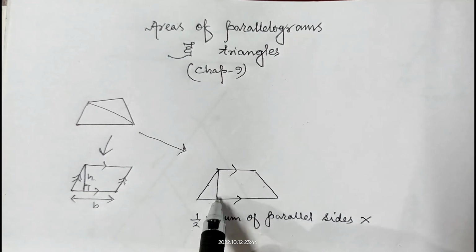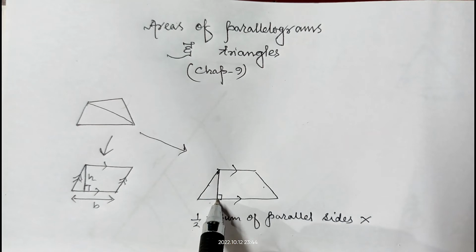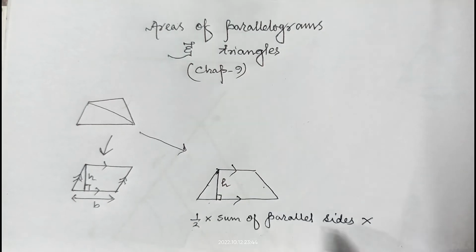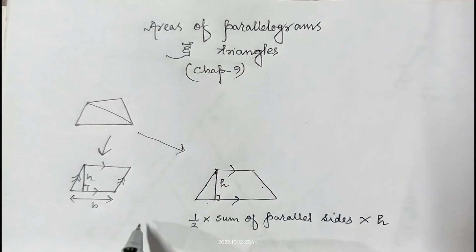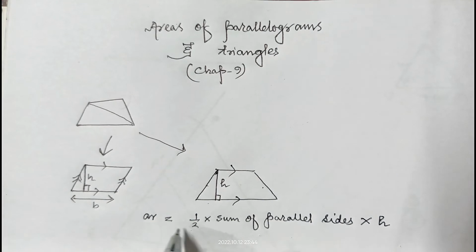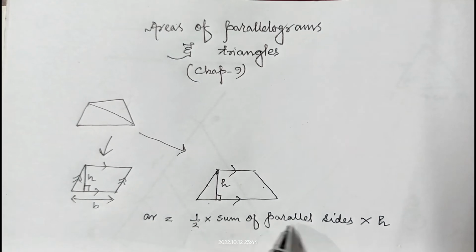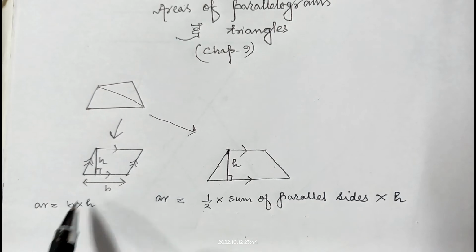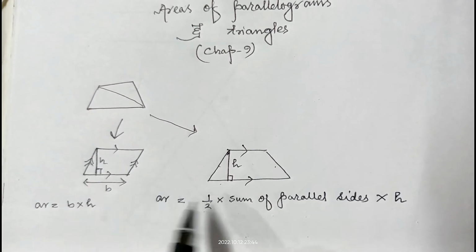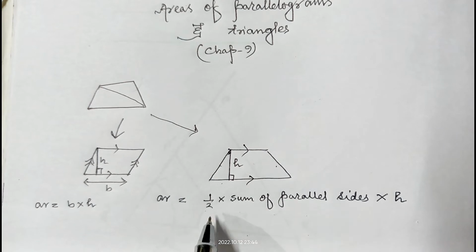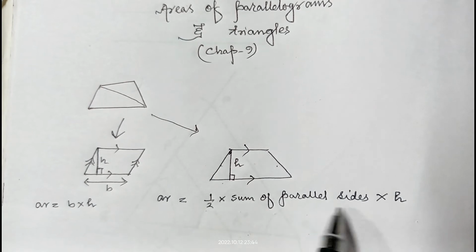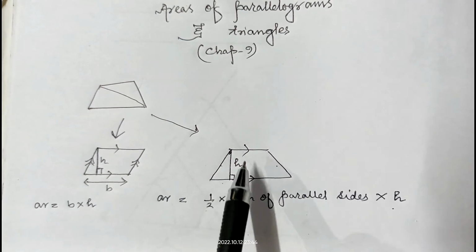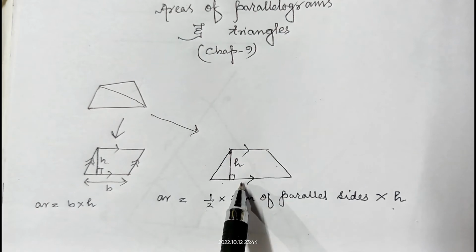These two are parallel lines and this is the distance between them. Let it be h. Therefore area of trapezium will be half into sum of the parallel sides into height. So area of a parallelogram is base into height, and in case of a trapezium it is half into sum of the parallel sides into height, where h is the perpendicular distance between the parallel sides.